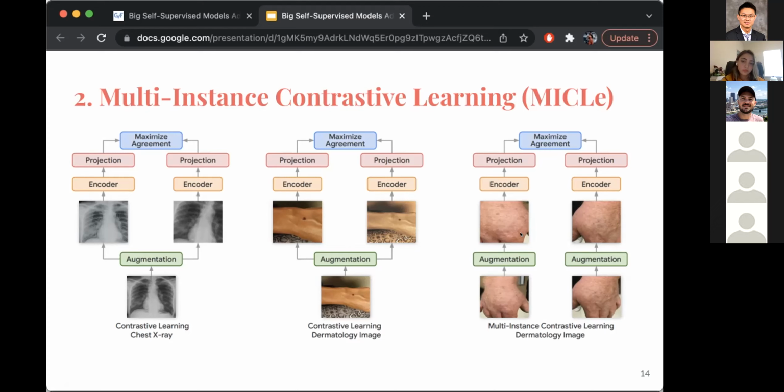If you just have a single image, then it falls back to the original SimCLR. So in terms of technical novelty, this is quite incremental, I would say. There's no new component proposed, just how you generate a positive pair: do the augmentation or take it from the data set itself.